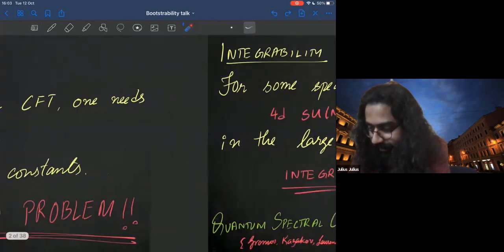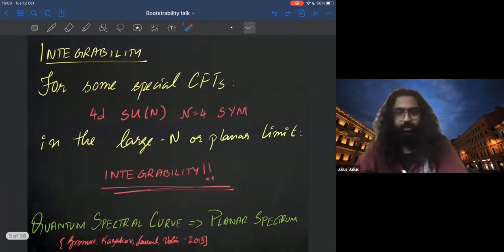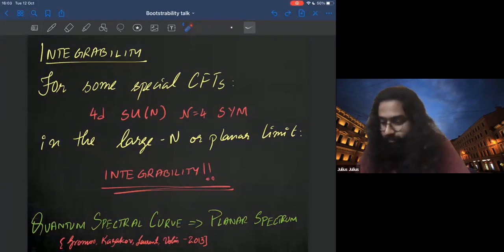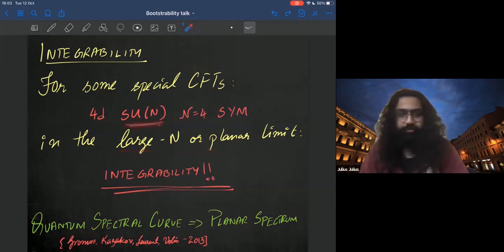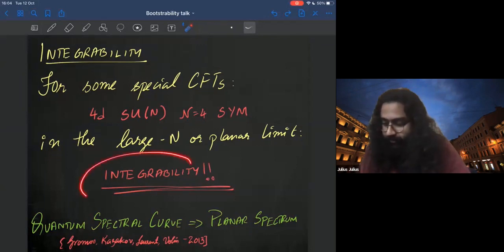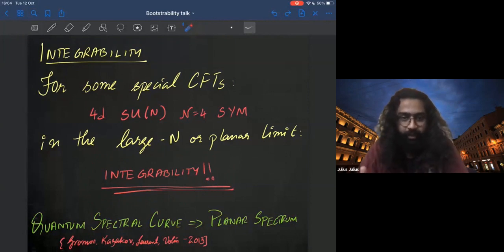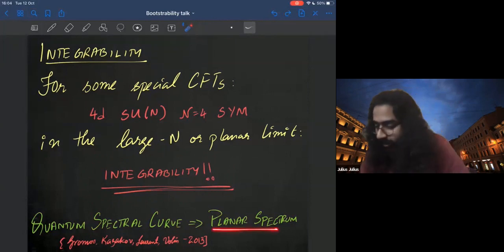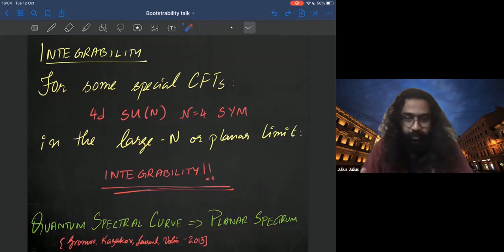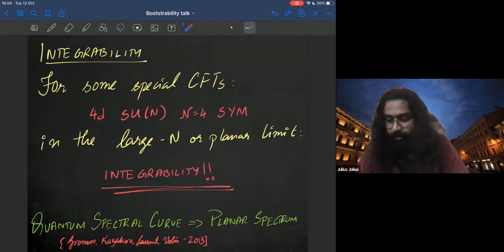It turns out that for some special conformal field theories, for example, 4D N equals 4 supersymmetric Yang-Mills in the large N limit, so in the limit where the rank of the gauge group goes to infinity, there's an emergent structure called integrability, which makes life much easier and actually allows one to calculate the planar spectrum of the theory.